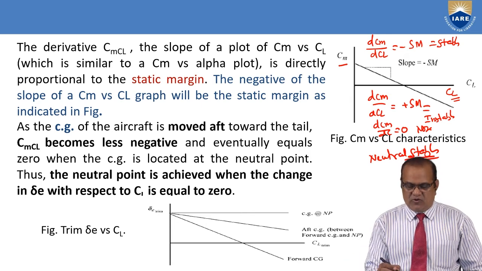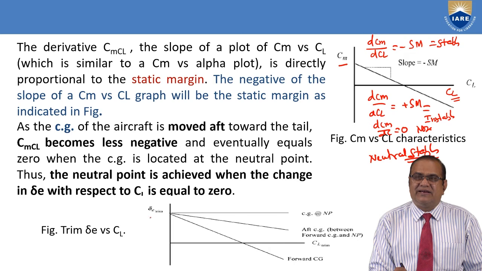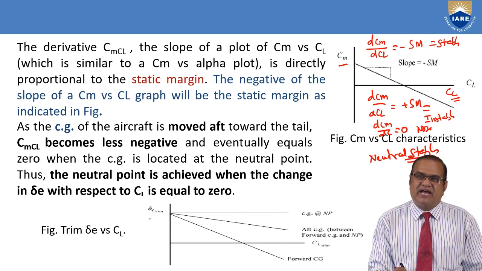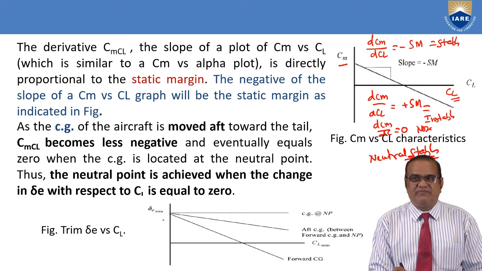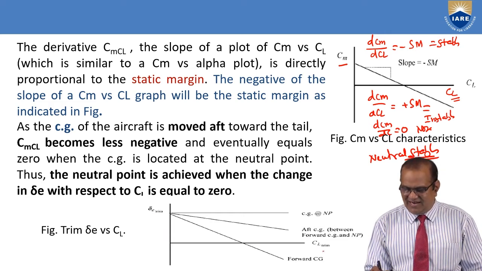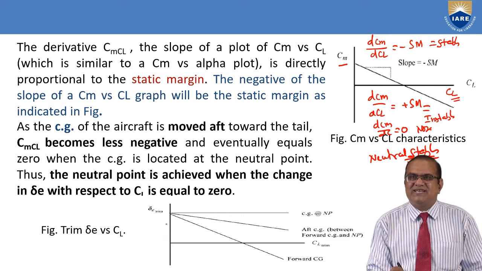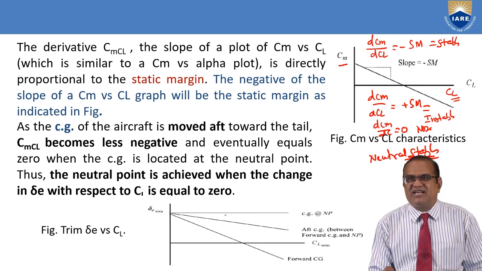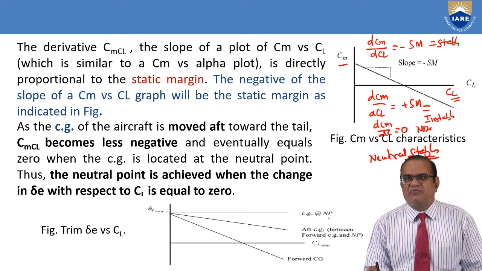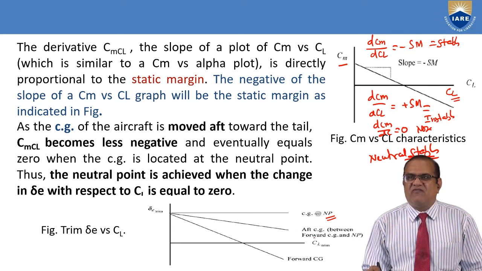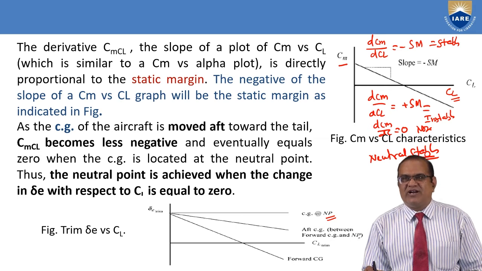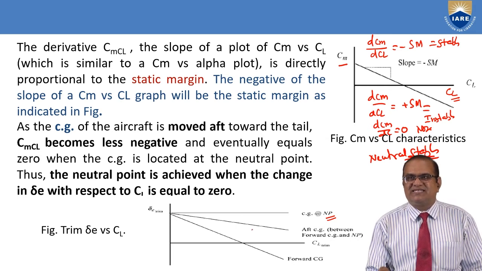Here I have plotted a diagram of deflection, that is delta E trim, with respect to CL. If the plot is horizontal like this, it is a neutral point. If the CG is aft, between forward CG and the neutral point, the plot will be like this.